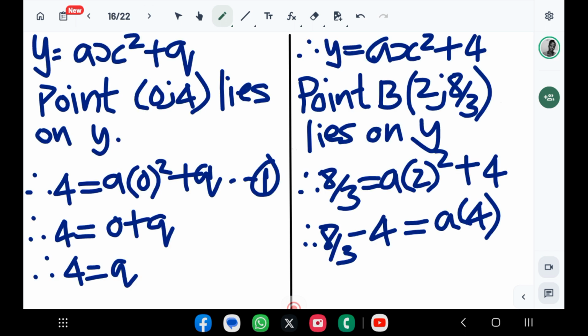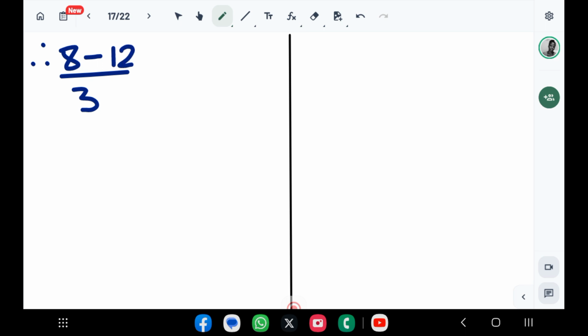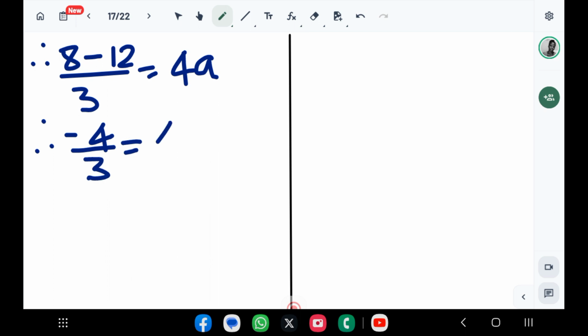The lowest common denominator is 3, so that's 8 minus 4 times 3, which is 12, over 3, and that equals 4a. 8 minus 12, take out a calculator. Don't try to do that in your head, because that's how silly mistakes are made. 8 minus 12 gives us negative 4, so that's negative 4/3, which equals 4a.